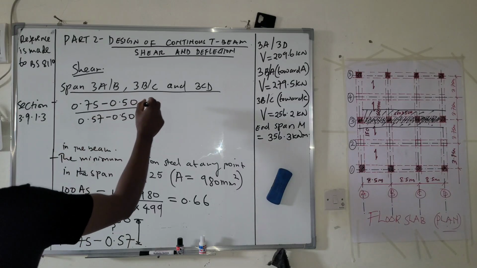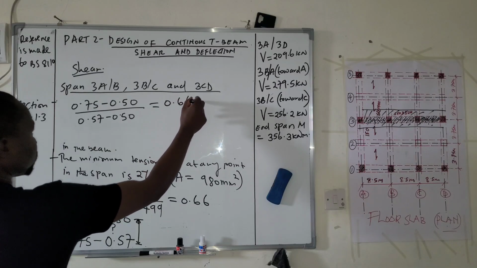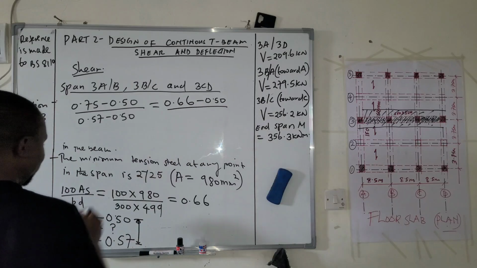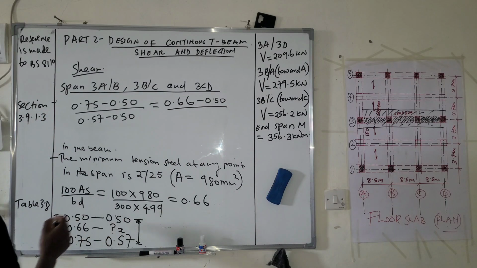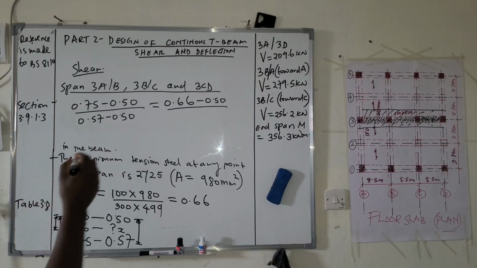So 0.66 minus 0.50, then over this one, say this is x, so over x.